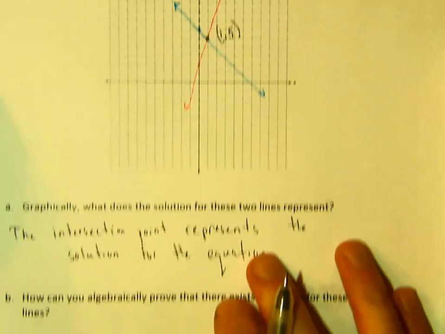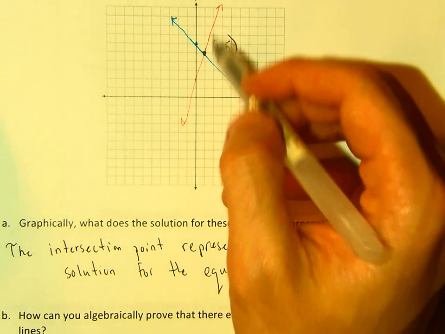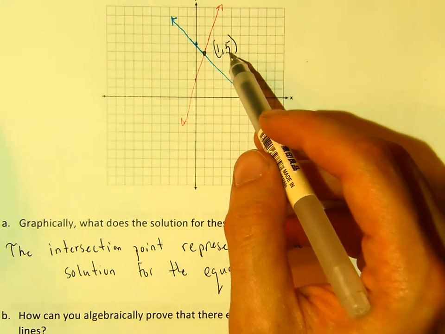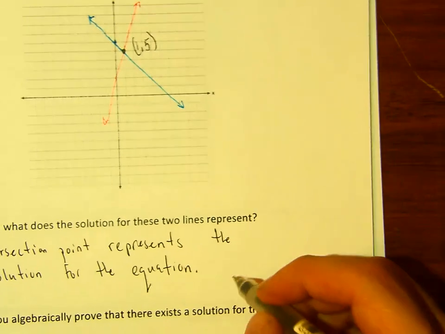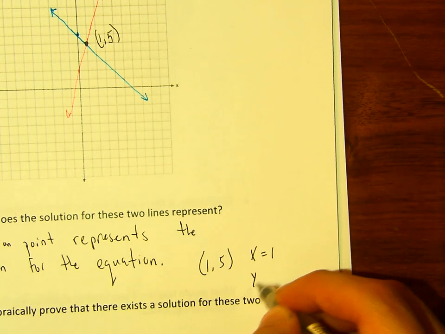So we could have that here. This graph over here is negative x plus 6 and this graph is 3x plus 2, where they intersect at 1, 5, that will be our solution. So we know at 1, 5, our x is 1 and our y is 5.